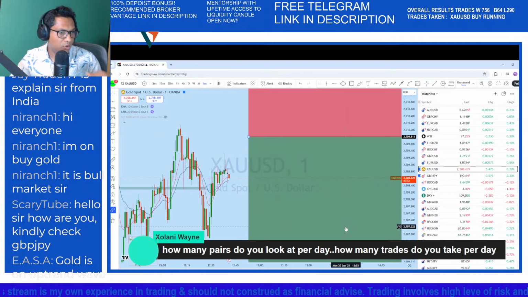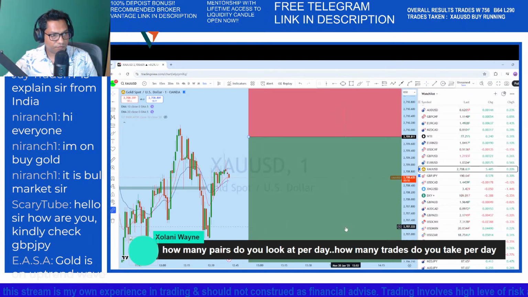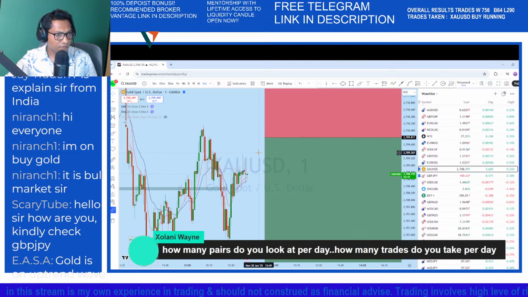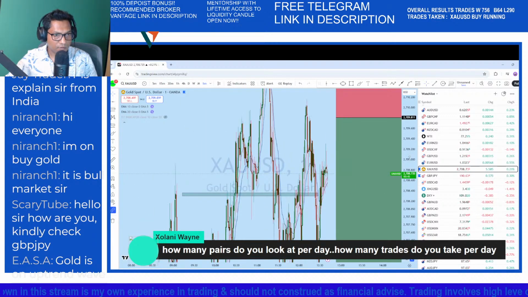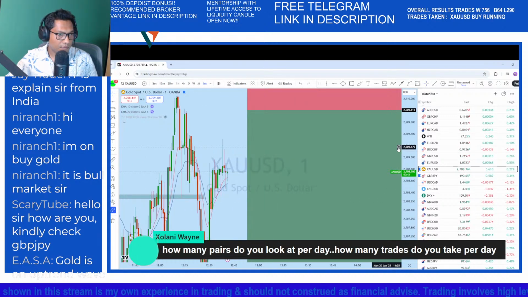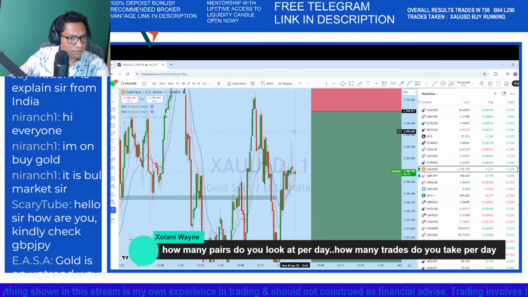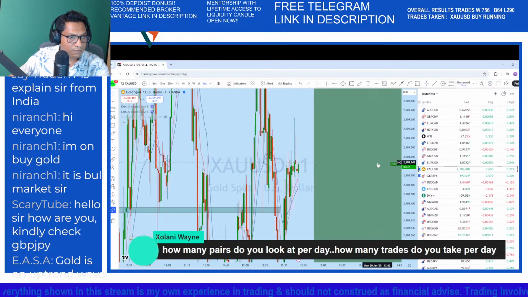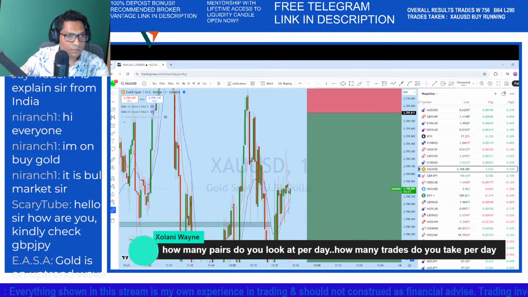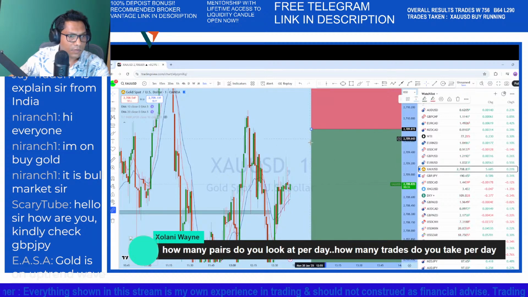Okay, so there is another 1 minute doji formation. So you can see there is a long wick doji here.